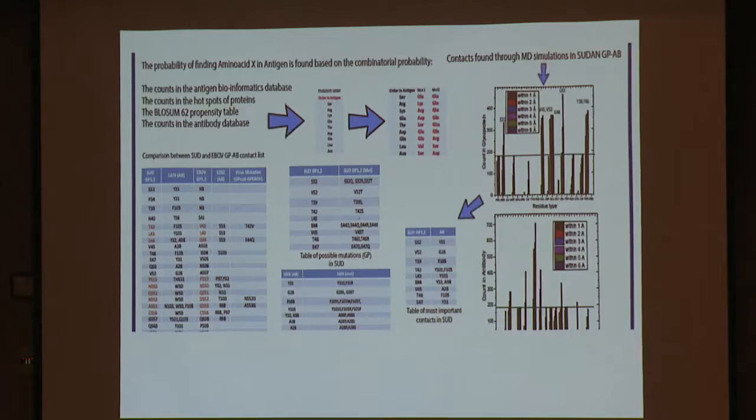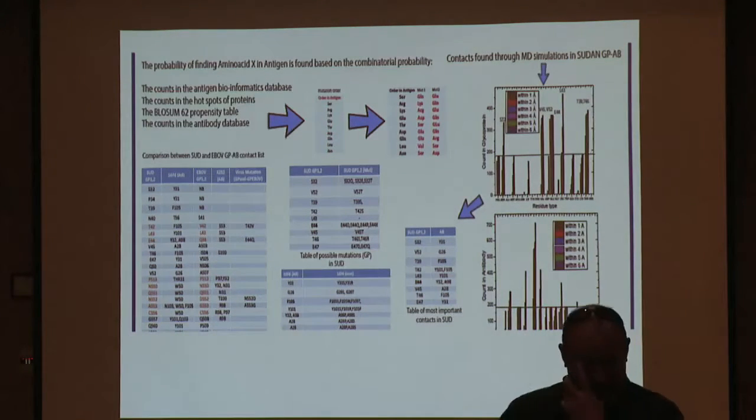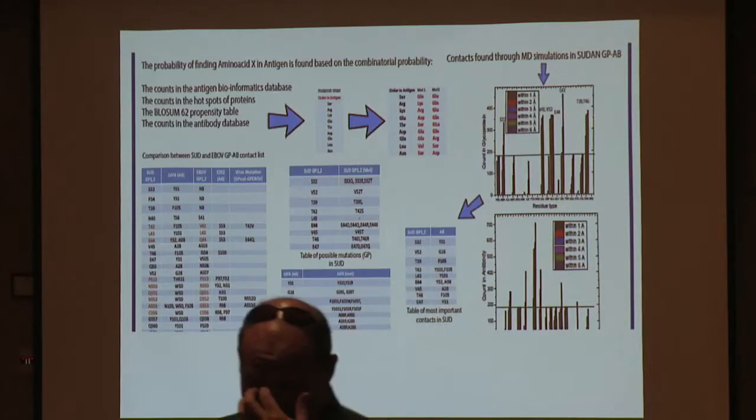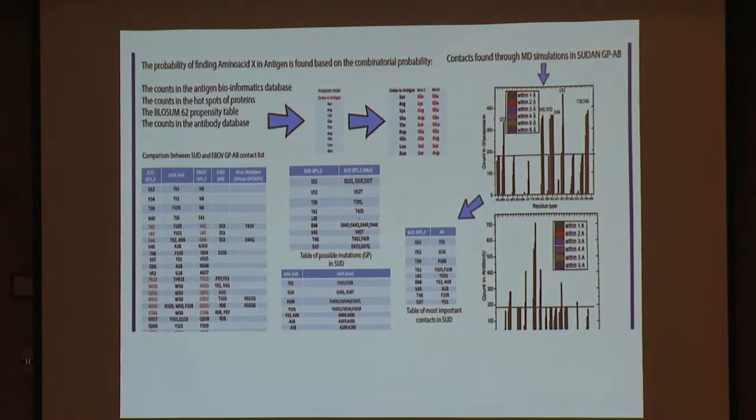This slide is probably not terribly visible. I apologize for that. I'm not going to go into the details of this, but I will tell you that according to our screening, there are only a few likely mutations at each viral location at the interface, and only a few mutations that seem likely for the antibody.